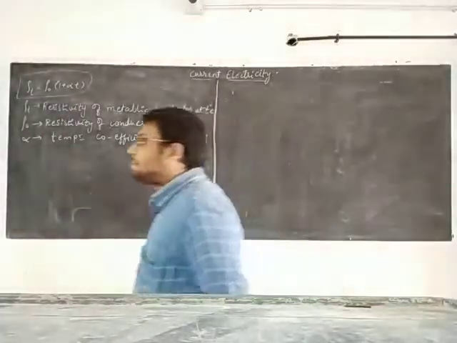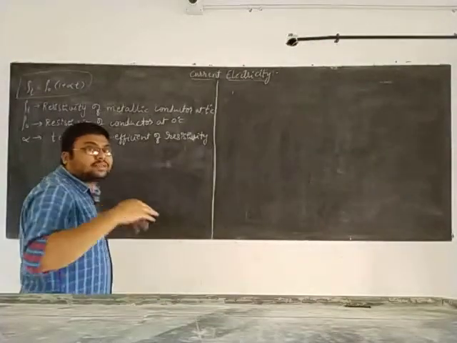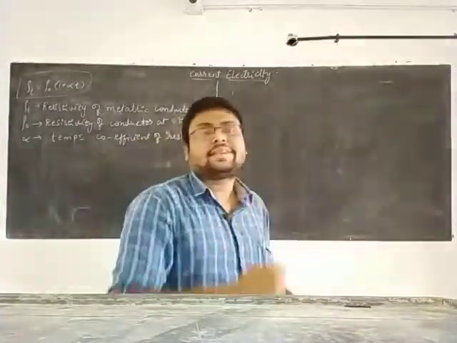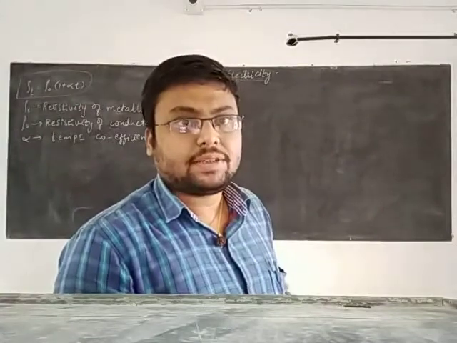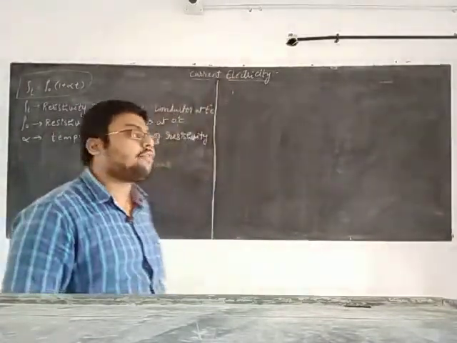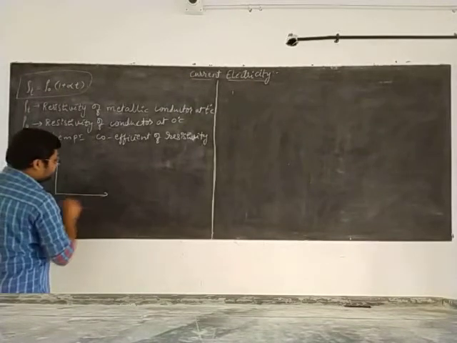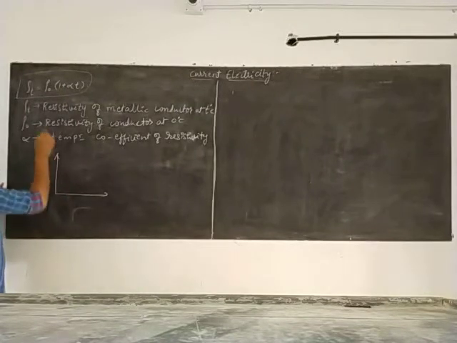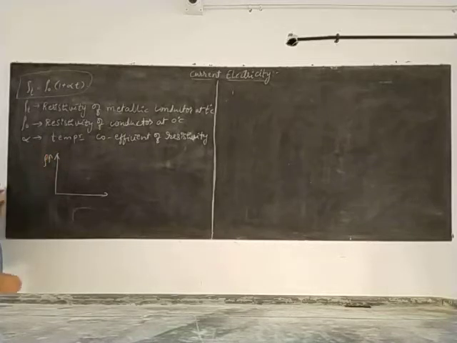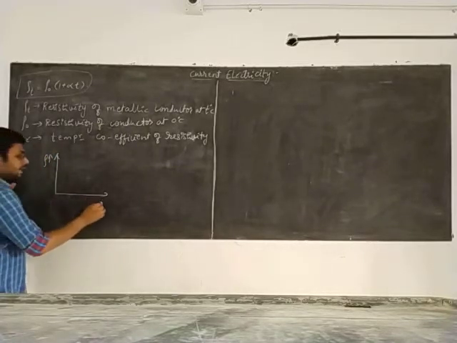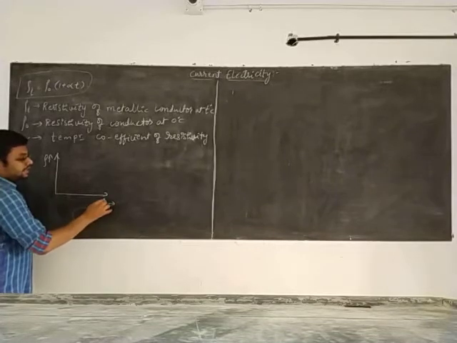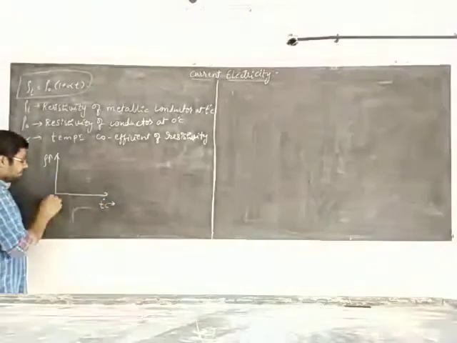If you want to represent with a graph that the resistivity of a semiconductor decreases with temperature, the graph will be like this. Along the y-axis I take the resistivity, and along the x-axis I take the temperature in degrees Celsius.